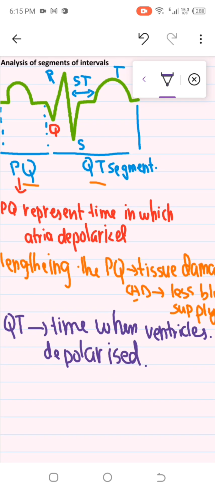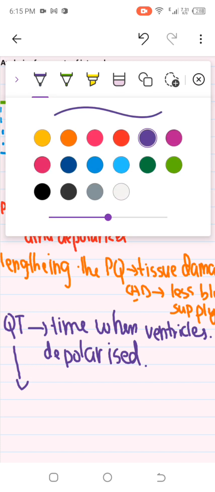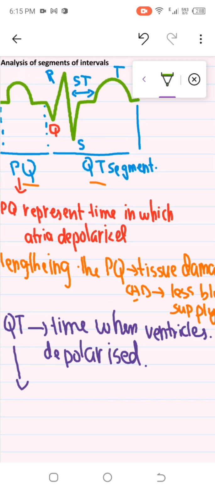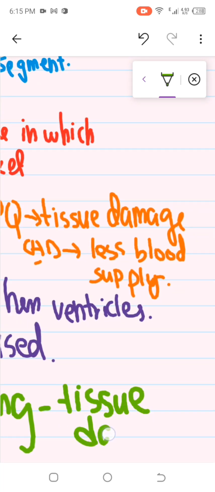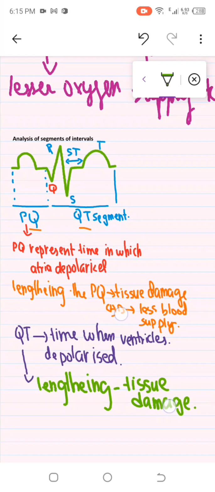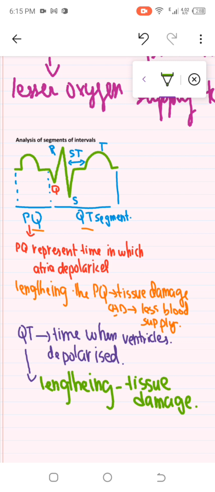If I lengthen the QT, if I increase the length of QT, the lengthening of QT will also mean tissue damage.